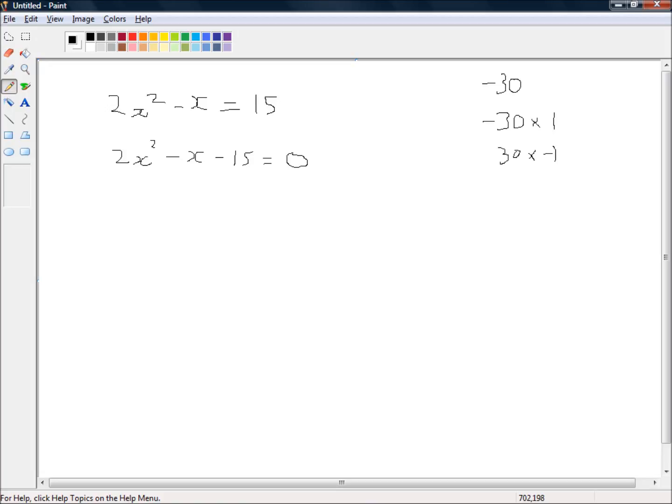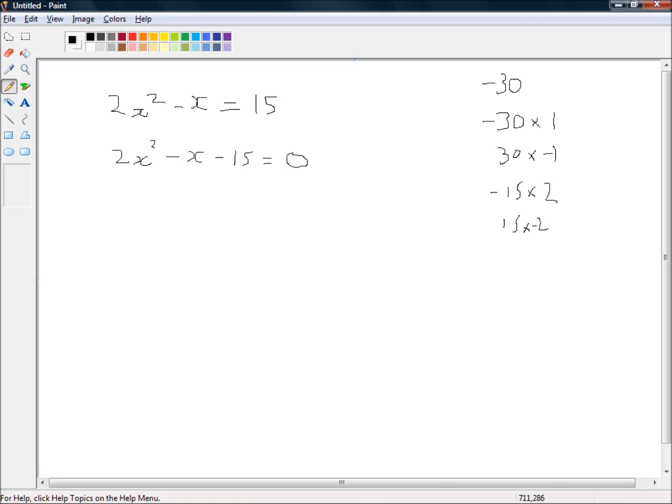So what else have we got? We've got negative 15 times 2, and we've got 15 times negative 2, which will sum to negative 13 or positive 13.